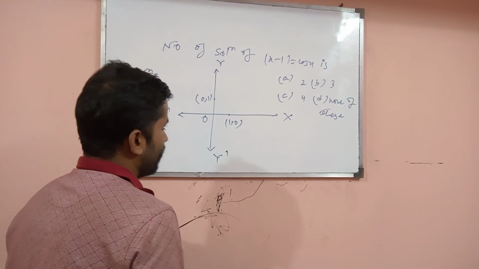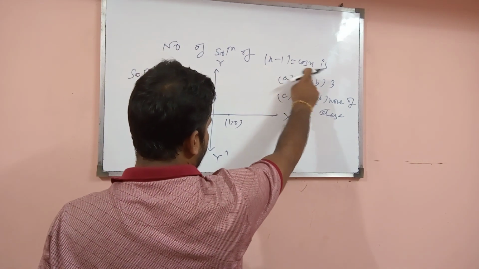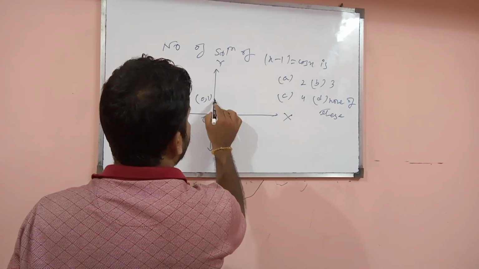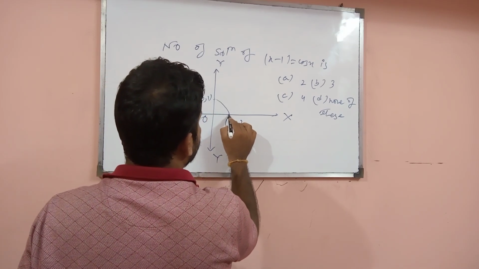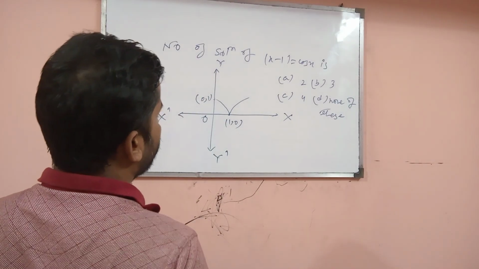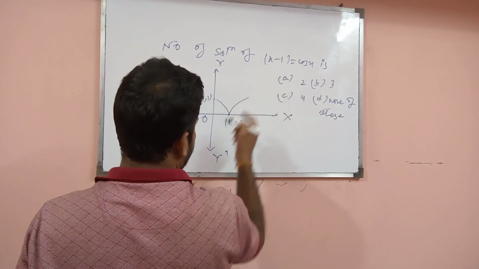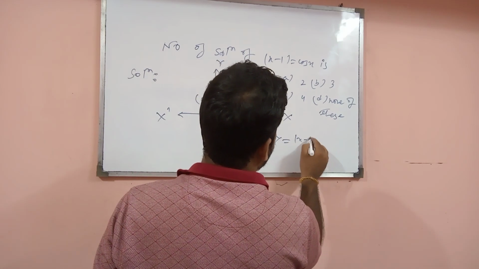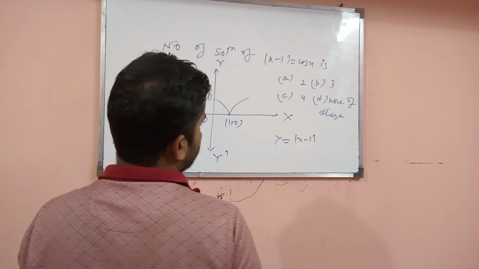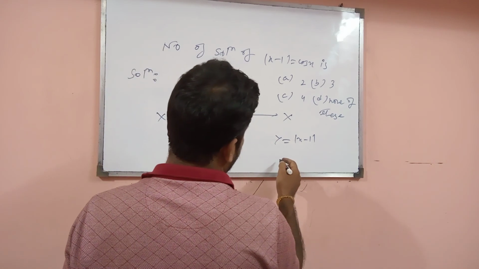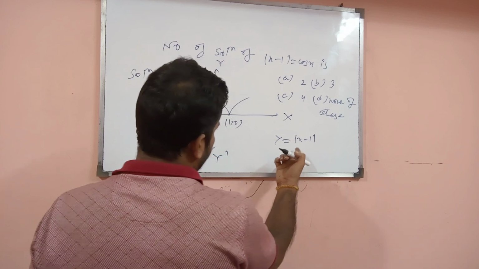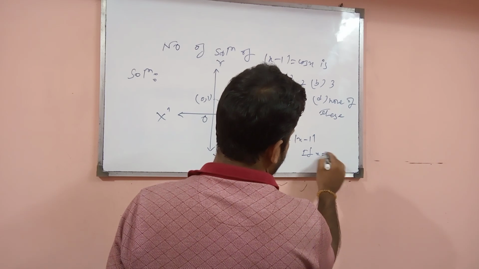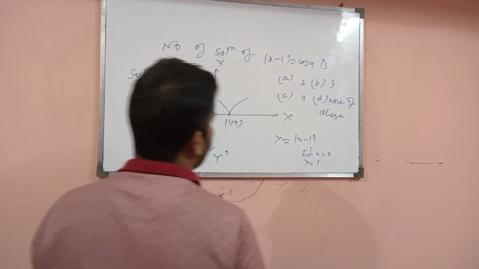But we know that the max value of cos x is 1, therefore its curve will be like this. And this curve will be, suppose y is equal to mod x minus 1. So if x is equal to 0, then y is equal to 1.